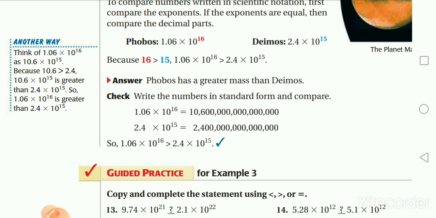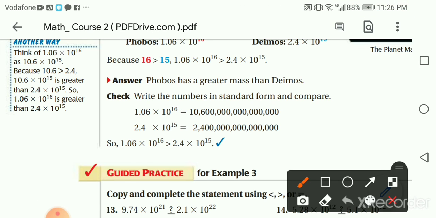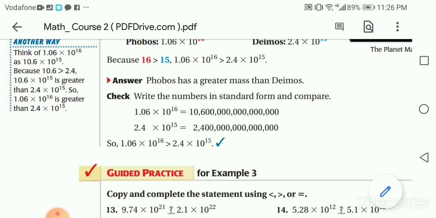Why 14? Because we have two decimal places. This is important. Here I have 16, so how many zeros am I writing? 14 zeros, and the two decimal places go for the remainder of the exponent.